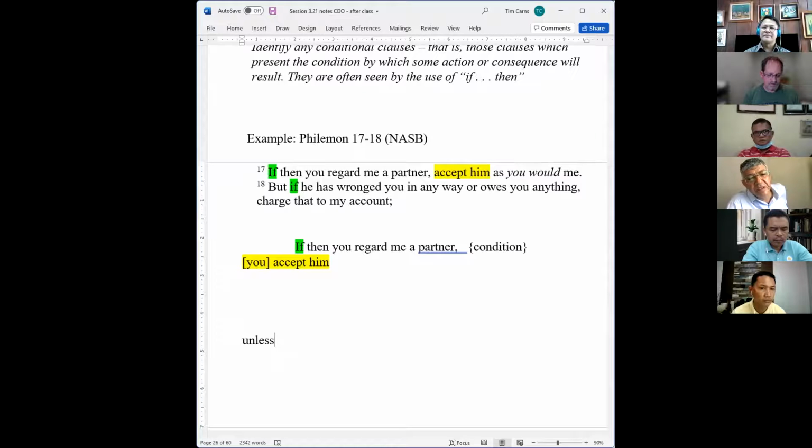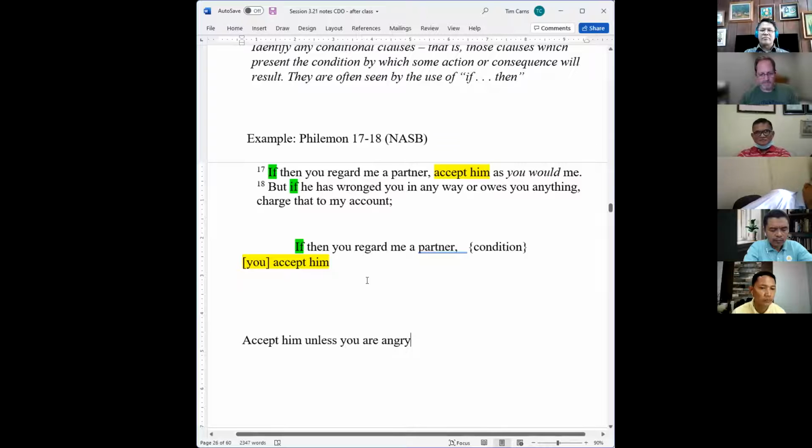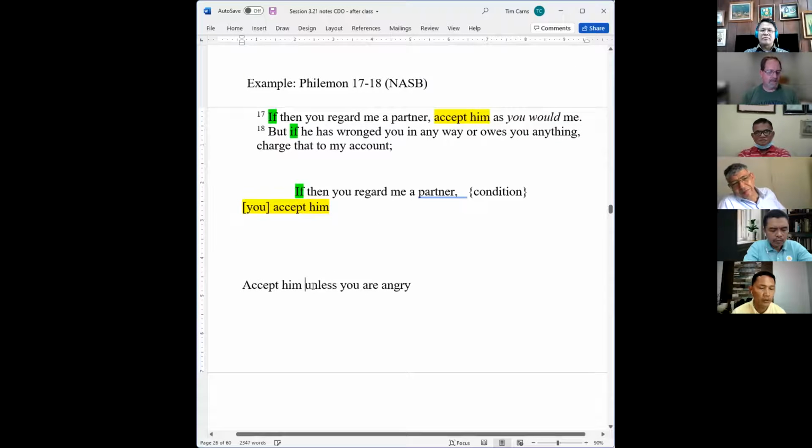Unless, yeah, that might have an element. Unless, let's see, let's come up with a sentence. Accept him unless you are angry. I'll just make it up. Okay. So yeah, that's a condition.